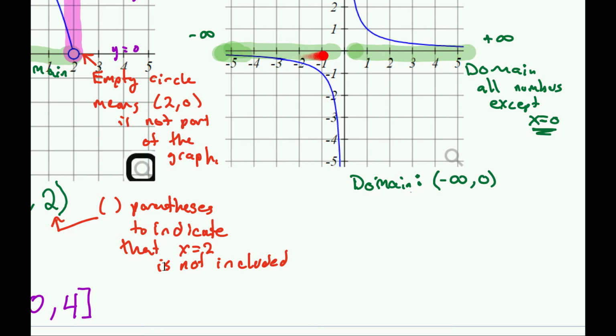That's this part. And then this part over here would be everything from 0 up to positive infinity. And if we use parentheses like we did here and here, that indicates that 0 is not in this, 0 is not in this. So 0 is not in either, which is why we're leaving out x equals 0.